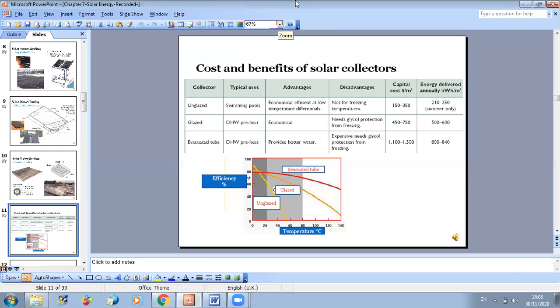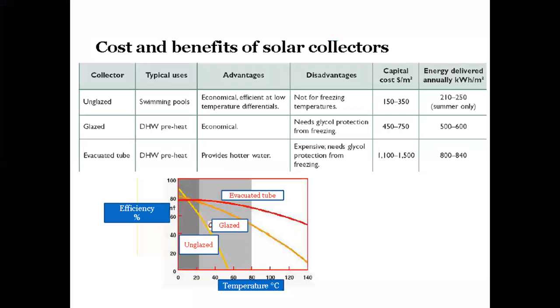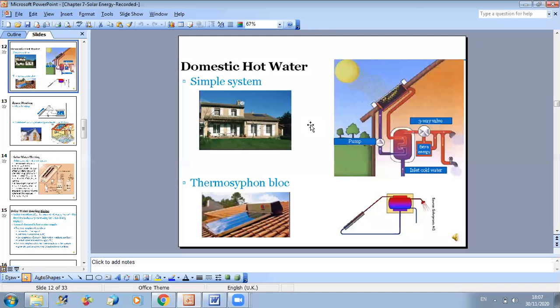I will zoom a little bit. Are you seeing the graph? Yes, I can see. It's better like this. Just one second, guys, please.